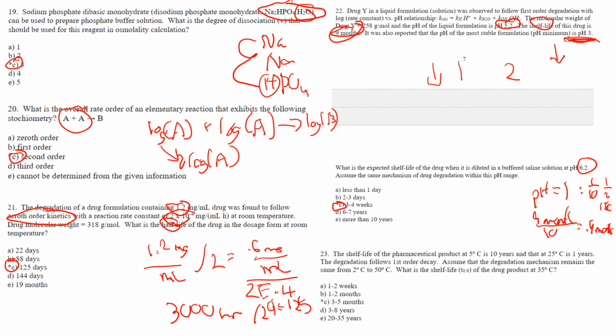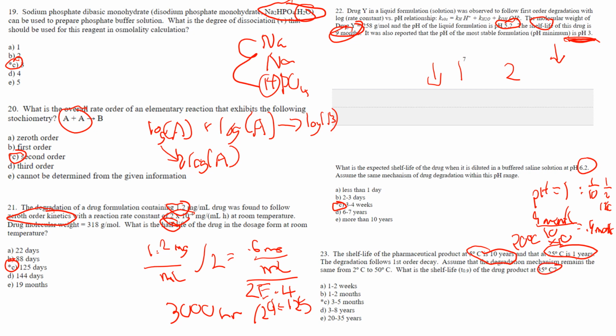This next one's kind of hard because in the past, he has given us these equations to where these are stepwise, right? So at 5 degrees, we know the half-life is 10 years. And at 25, we know it's 1 year. Meaning that for every 20 degrees Celsius, there is a factor of 10 difference. But if we're going to 35, we can't do a full factor of 10.